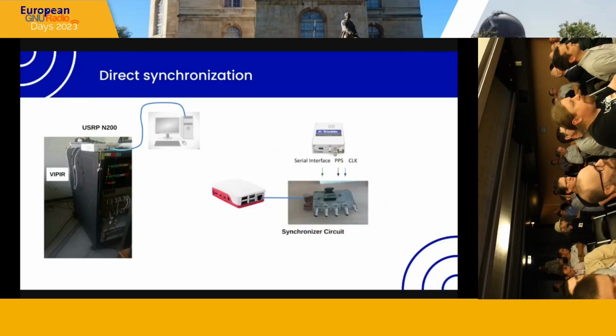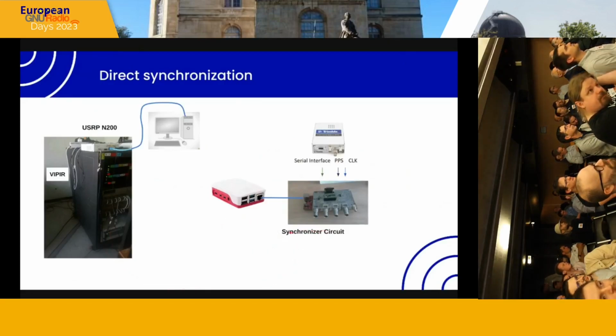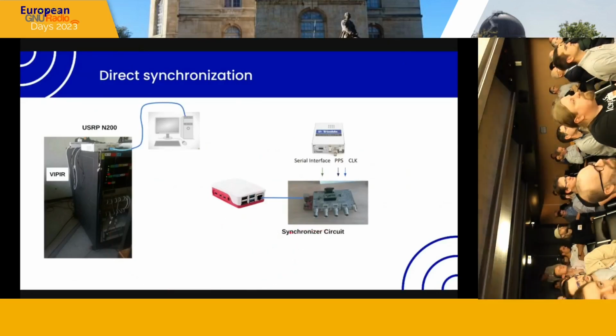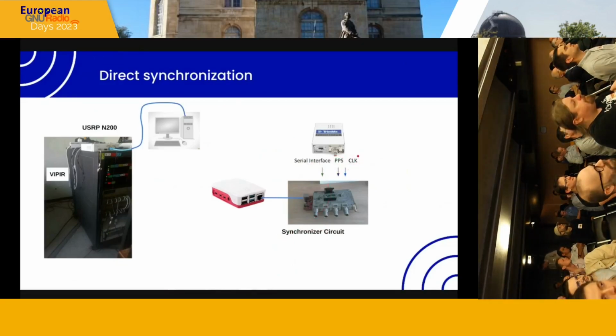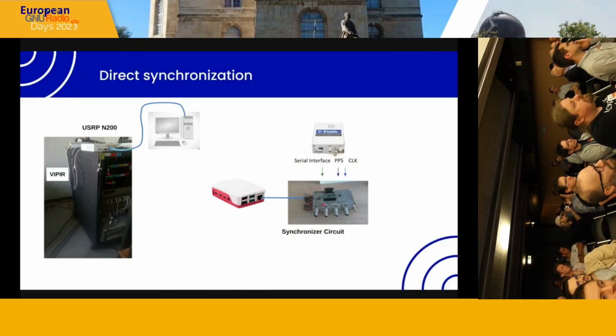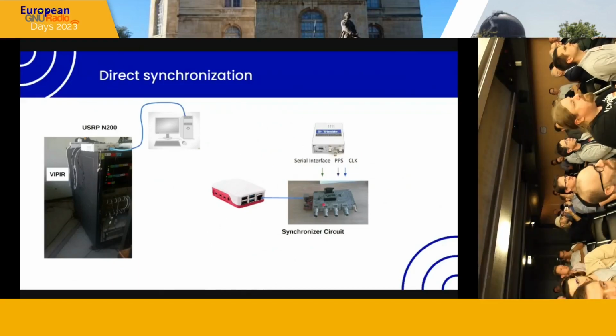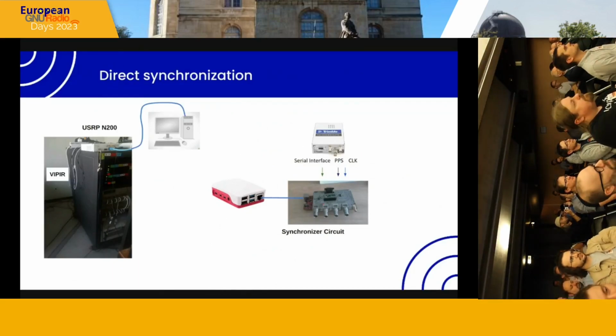So for that, Jicamarca has developed a synchronizer circuit. This synchronizer circuit uses the serial interface signal, the PPS, and the clock on the GPS firmware. Also, it uses a Raspberry, which sends the packets which define the exact time. When I say exact time, it's hour, minute, and second.